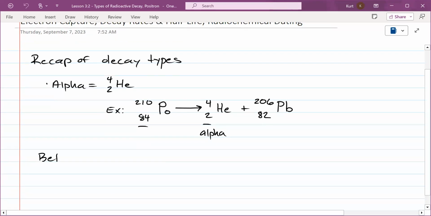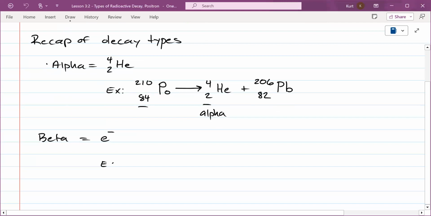Next, we have beta, which is the same thing as an electron. Remember that an electron has a -1 charge. So let's say I have carbon 14, and I have an electron here. It practically has no mass.